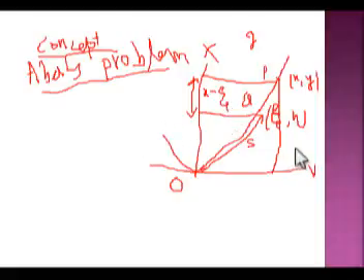Now the velocity at the point Q: through preliminary knowledge, v square is equal to u square minus 2gs.